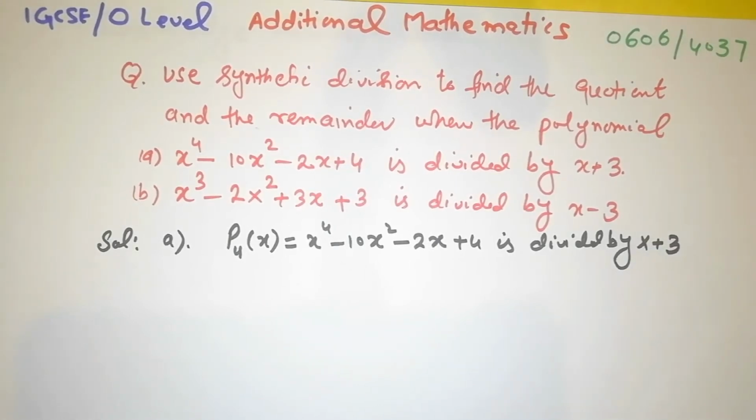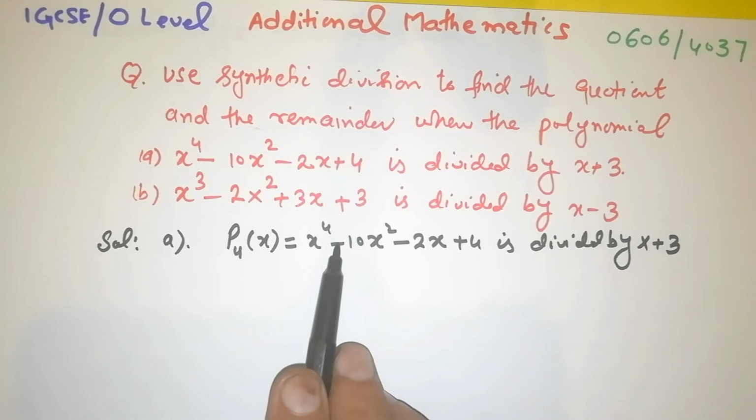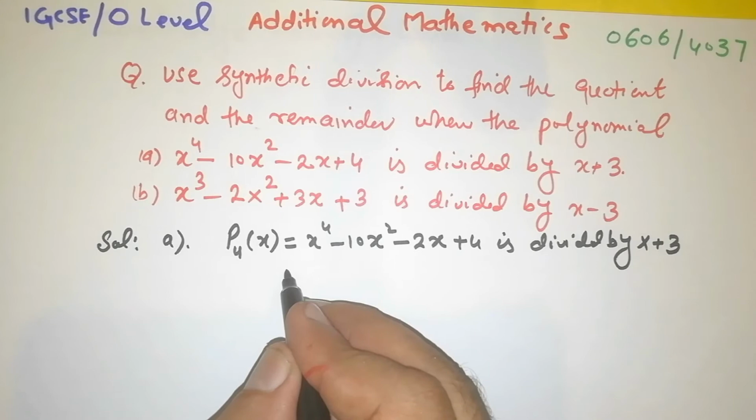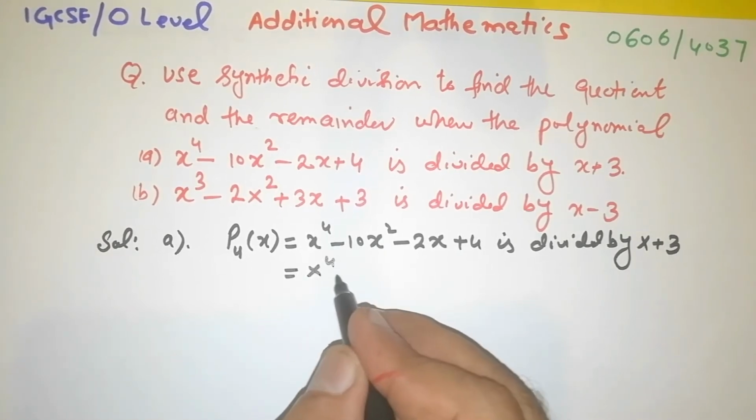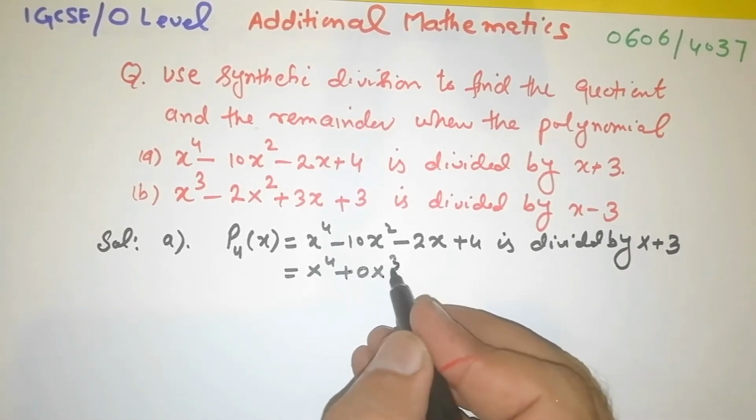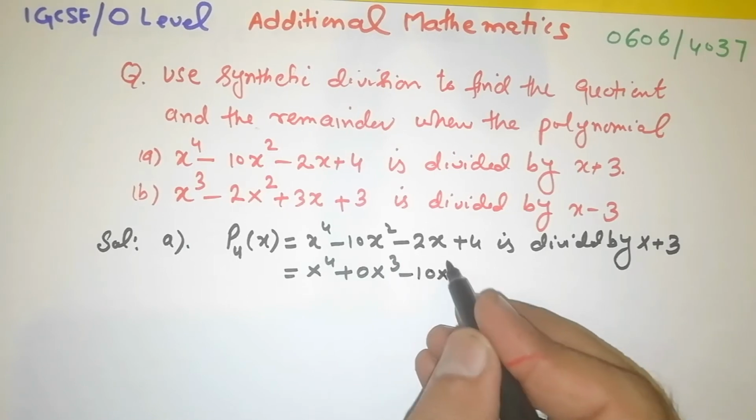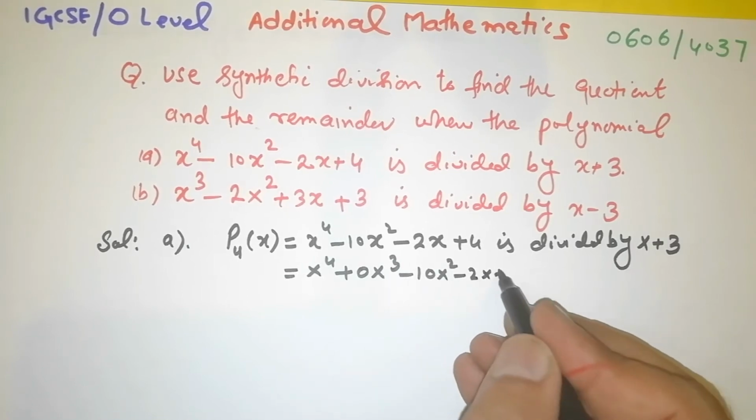So students, in the first step we write the coefficients of this polynomial in descending order. You know, the x cube term is missing here. There is no x cube term, so we write its coefficient to be 0, or you can write x^4 plus 0x^3 minus 10x^2 minus 2x plus 4.